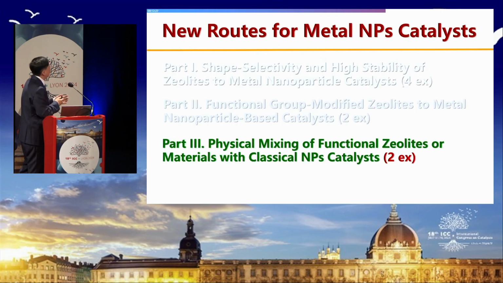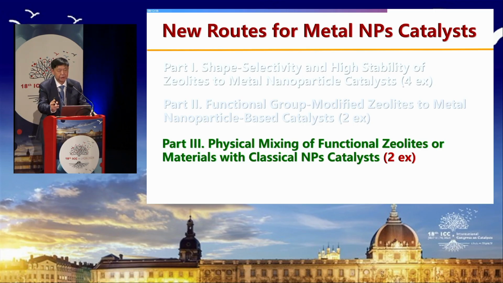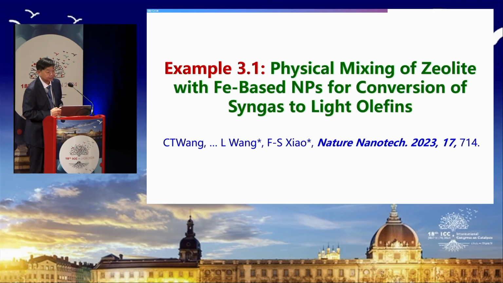Then we try. I show you the physical mixing of functional light zeolite or porous material with classical nanoparticle catalyst. I also show you 2 examples. The first example is a physical mixing of zeolite with iron-based nanoparticles for conversion of syngas to light olefins.